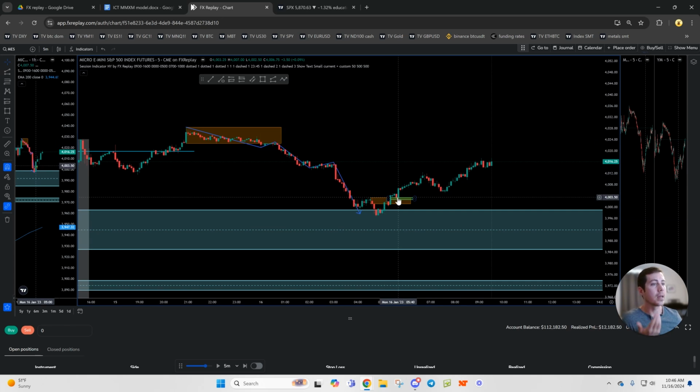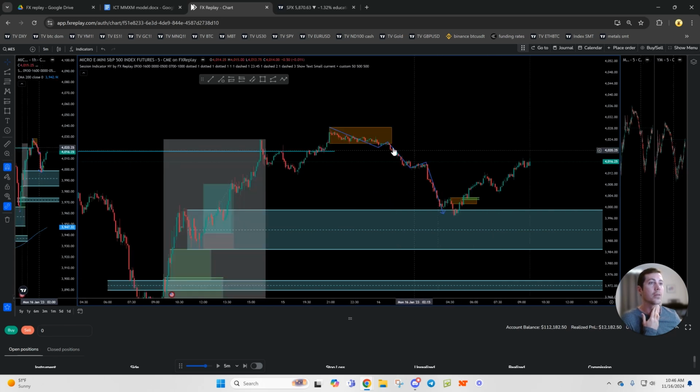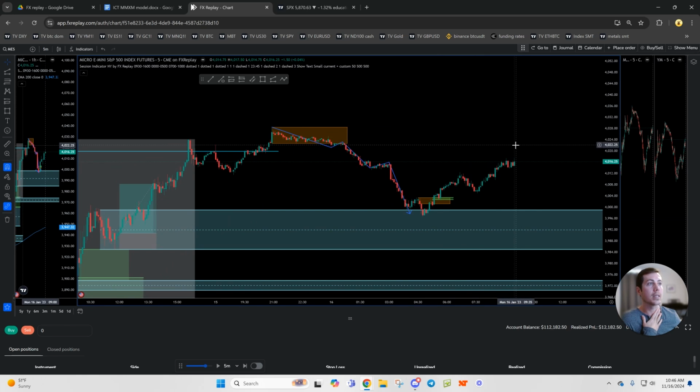Again, this is late London session, so not a trade we would have been able to catch. Probably would have been targeting these highs, so I would have tagged this just a little bit ago. You could potentially argue that this low here was also a first stage accumulation because it traded back into this demand level. So I think we're really only looking for our second stage accumulation at this point.